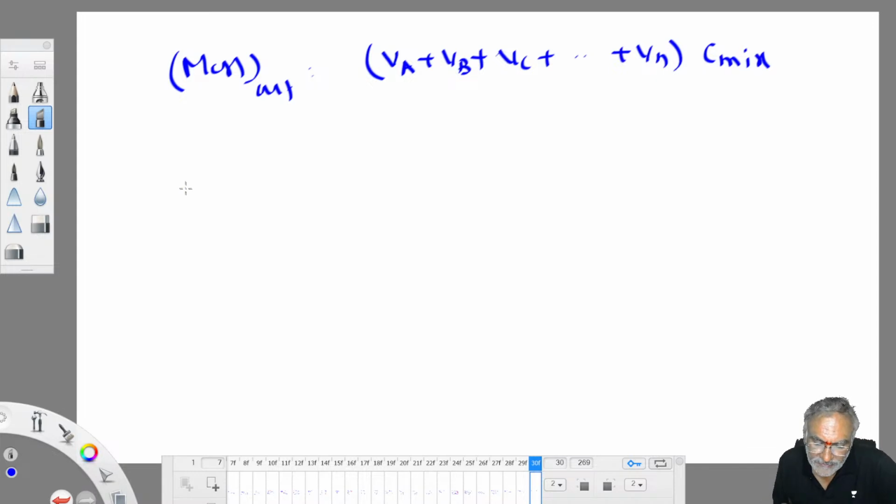That is mass out. So mass in is equal to mass out. If you equate, you will get the equation to find the concentration after mixing them.